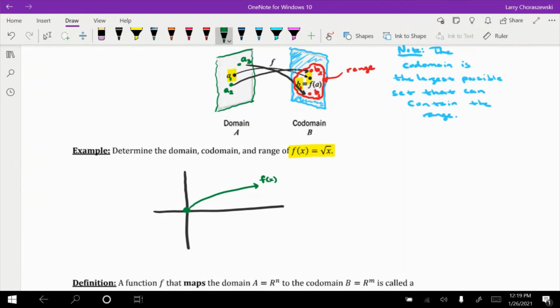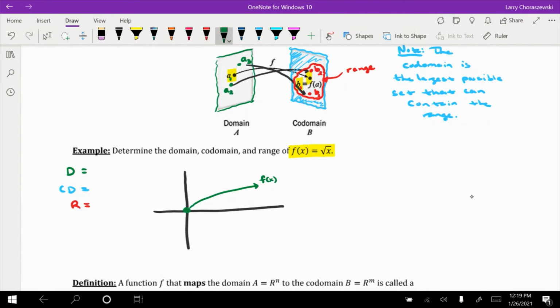Over to the left, I'll write out a little list for all the things that are requested in the problem: the domain, the codomain, and the range. Let's start with the domain. The domain consists of all the x values that can be plugged into this function.